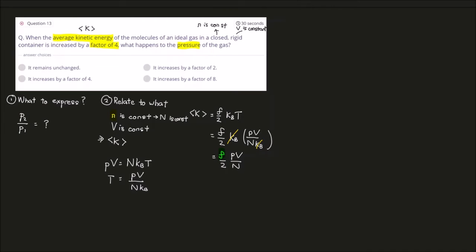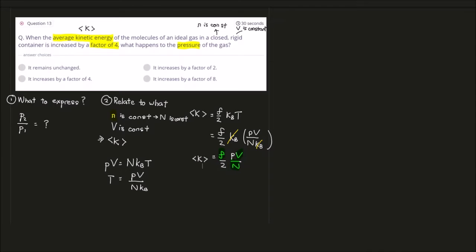Then now they are asking for pressure, so pressure definitely will be changing. But the V is constant because it's a rigid container, and N is constant because it's a rigid container. So essentially, what are you finding? N is constant because there's no molecules going in and out, not because it's a rigid container, sorry.